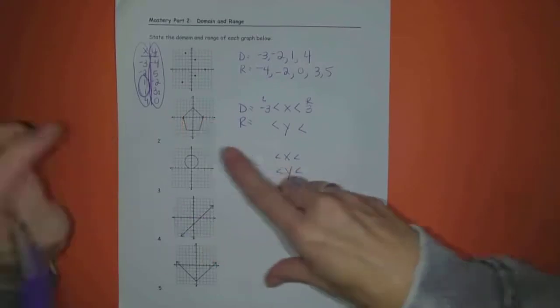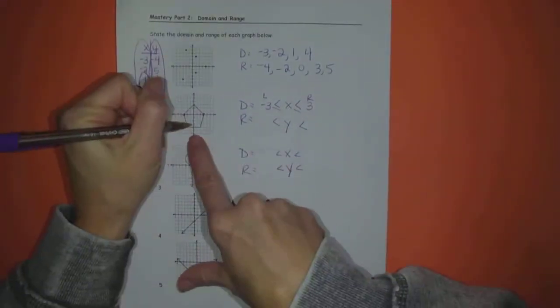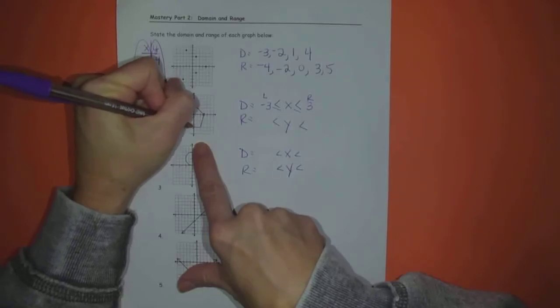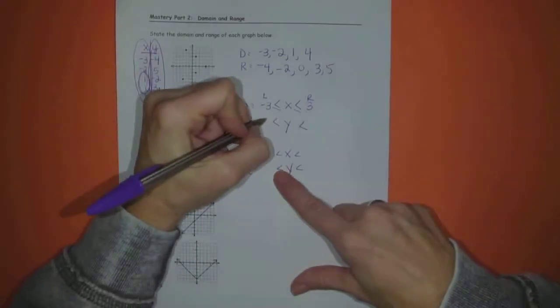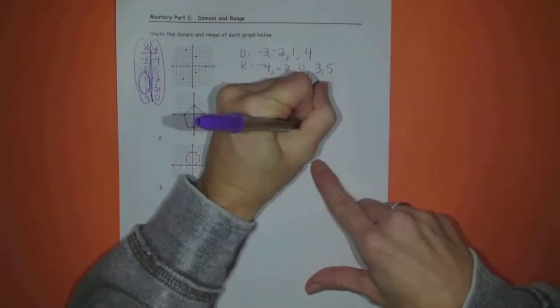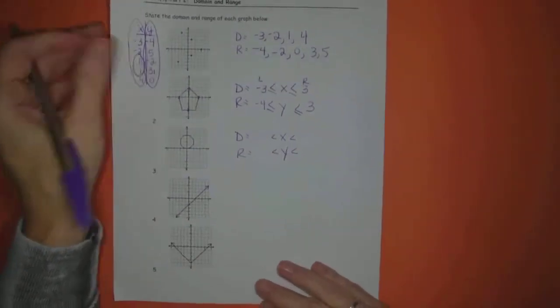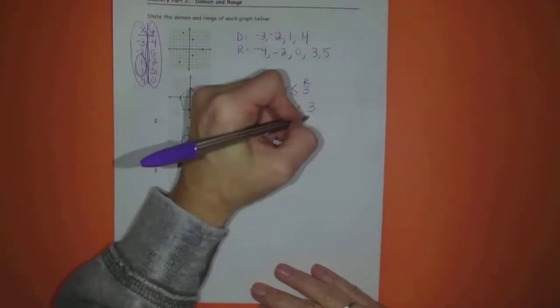They are both closed dots. Fill it in. How far down does my graph go? Boom, -4. How far up does it go? 3. No open dots, close them in, you're done. So that was left, right, down, up.